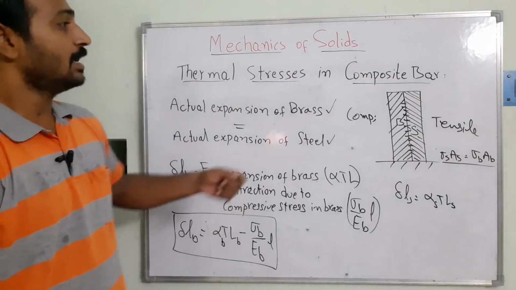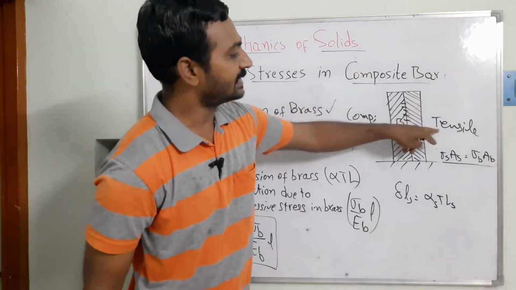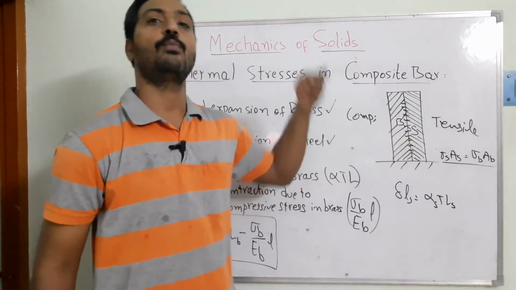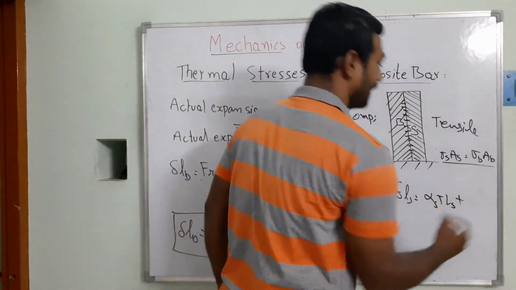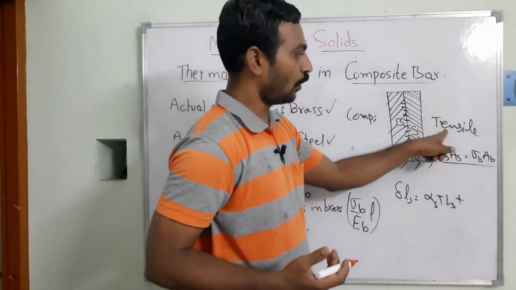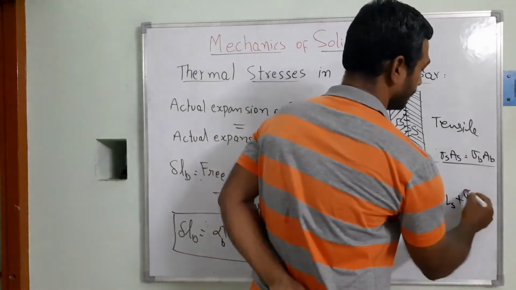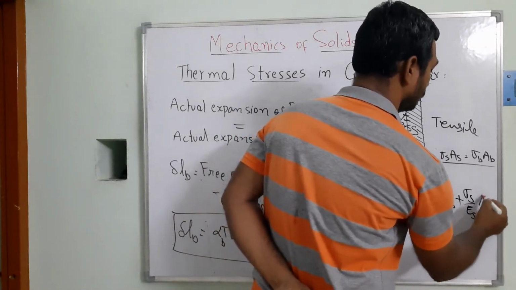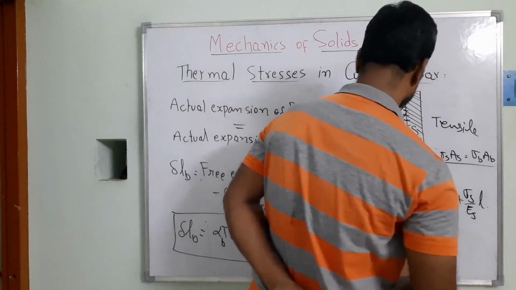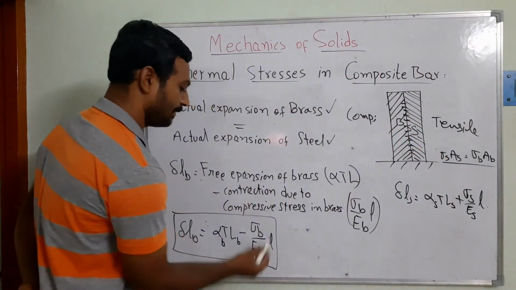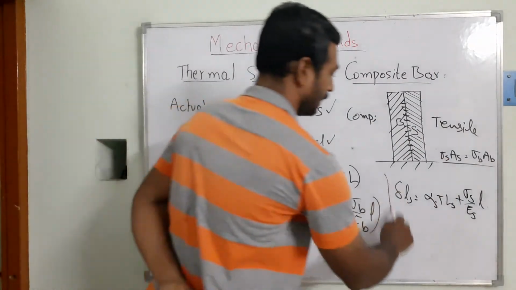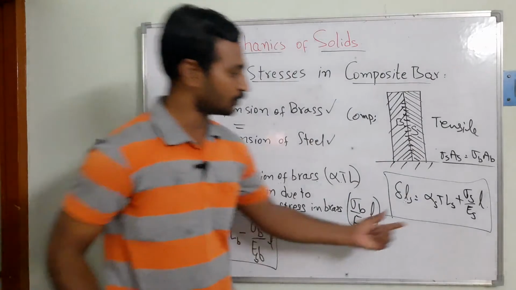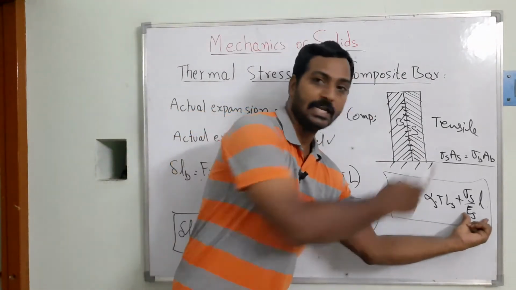And similarly, due to this tensile load acting on the steel because of the brass, it is going to be elongated more, because of the tensile load. So here I am going to take sigma S by E S into the L. So can you see, this is going to be the actual expansion of the steel, because of the thermal stresses and because of the tensile forces.